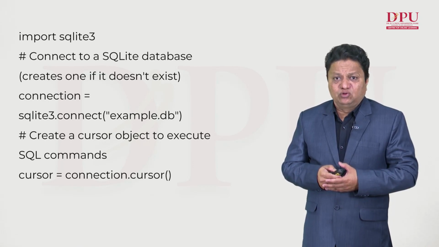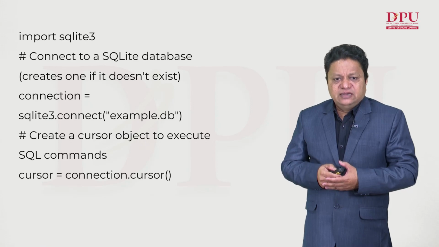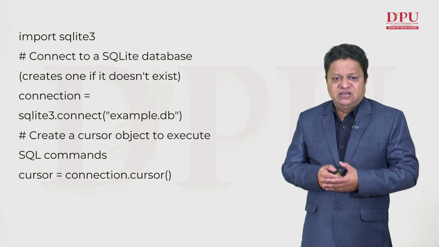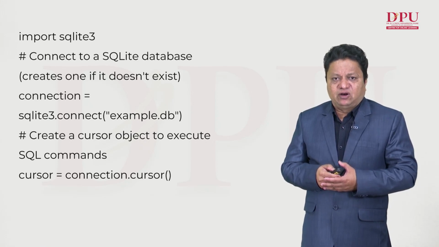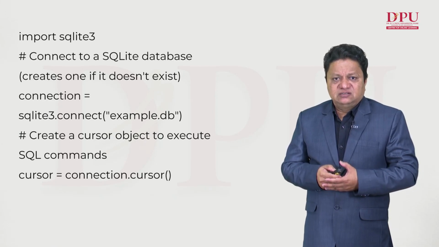So, how to create a connection? connection is equal to sqlite3.connect method. In that you can specify the database name. So, in this case it is example.db. When this statement gets executed, the database called example.db will be created with the help of the connect method of sqlite3.